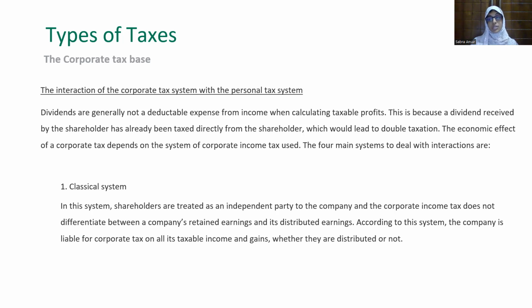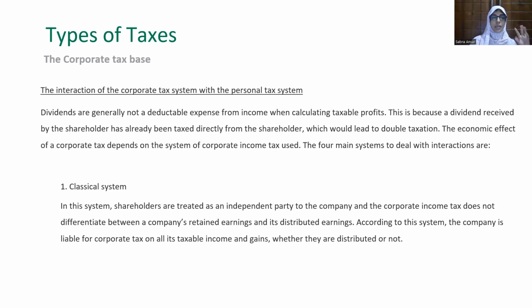According to this system, the company is liable for corporate tax on all of its taxable incomes and gains, whether they are distributed or not. So when the shareholders are treated as an independent party, there is no differentiation between a company's retained earnings and its distributed earnings.